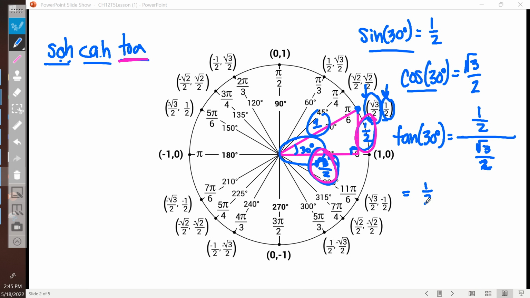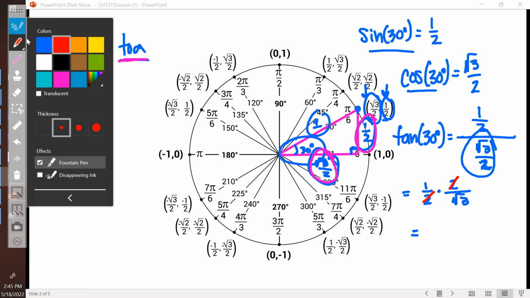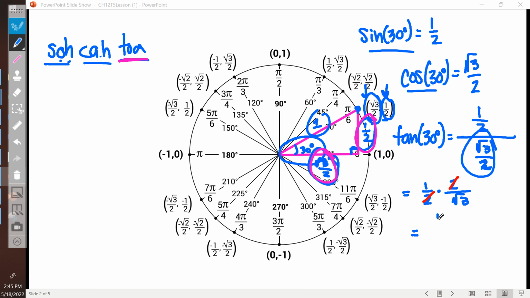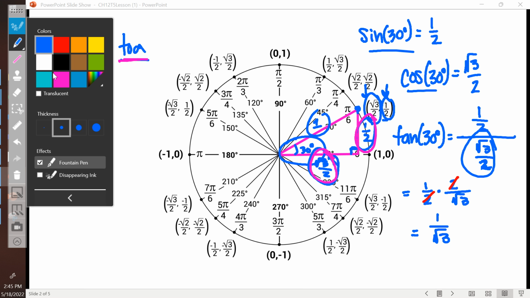So it's 1/2 multiplied by 2 over square root 3. Remember, when you turn it to multiplication, just flip the one that's being divided. A factor of 2 on top and 2 on bottom will cancel out. We end up with 1 over square root of 3, which is technically the correct value. It just is not in the correct form.